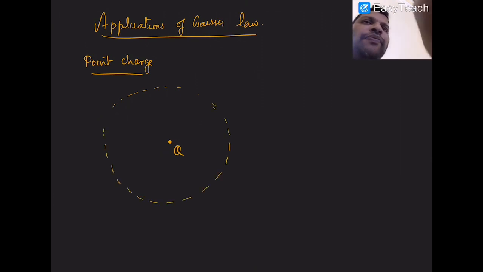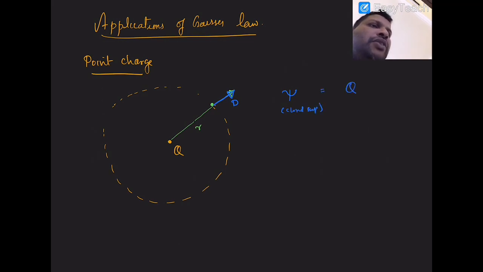Let us consider some point which is at distance r from the charge Q, and this will be the direction of D. Now Gauss's law says that the total flux over the closed surface is equal to the charge enclosed by the surface.